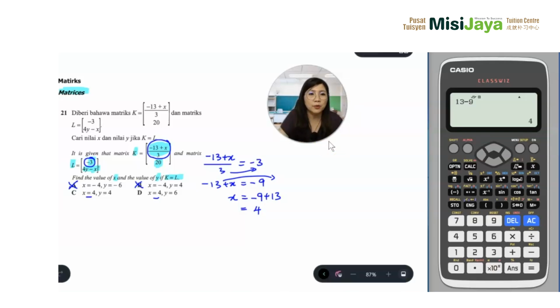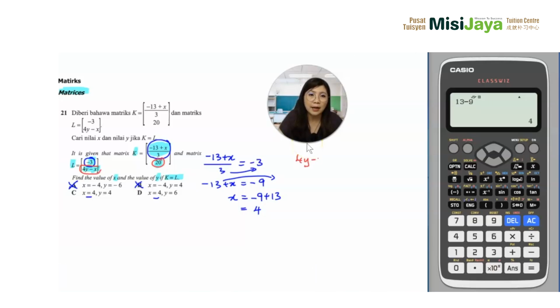I'm going to use the second element here and make it equal to 20. So 4y minus x equals 20. We already got 4 as x, so I'm going to substitute 4 inside here. So 4y minus 4 equals 20.